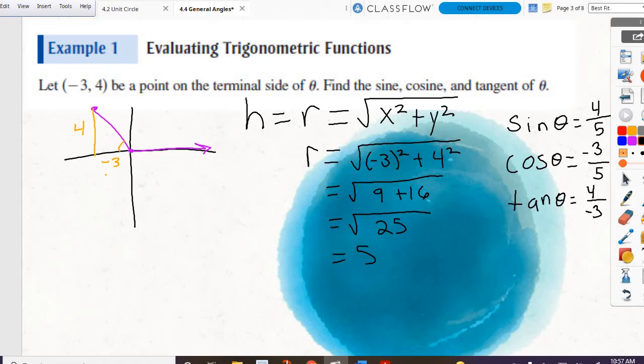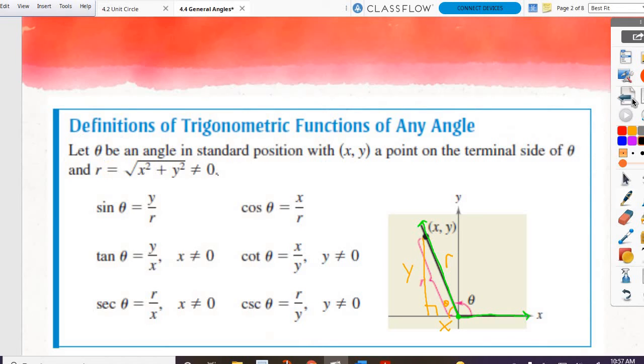It doesn't matter, just as long as there's a negative somewhere. So what did we say? If I'm in my second quadrant, will my bottom length always be negative? Yes. Will my side length always be positive? Yes. Okay. So does that mean that in my second quadrant, sine is going to be positive and cosine and tangent will always be negative? Agreed?